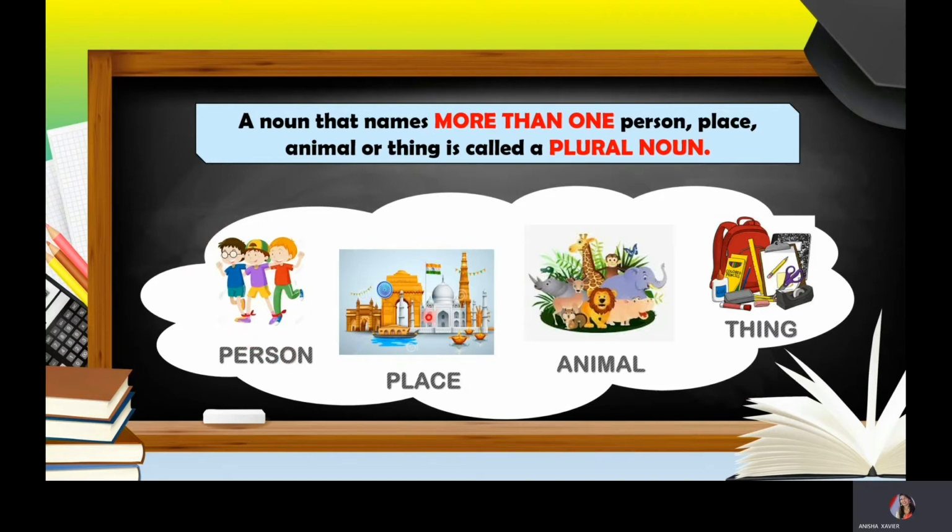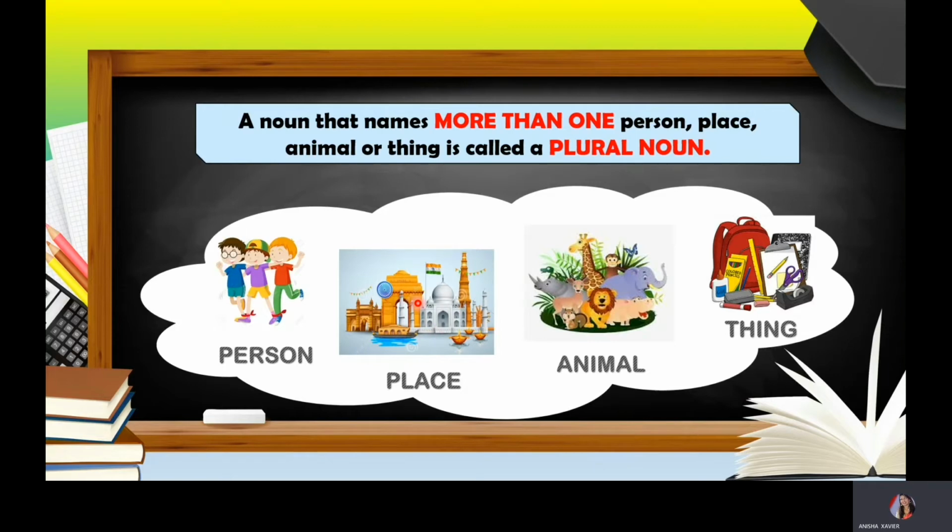Now we move on to place. Are there more than one place over here? Can you see so many places? Shall we count? 1, 2, 3, 4 and 5.